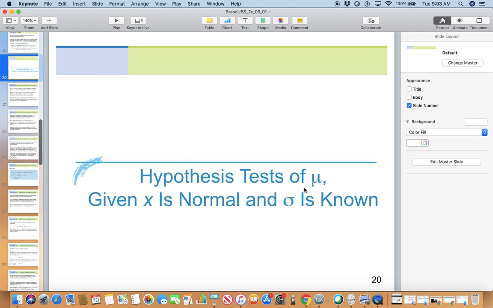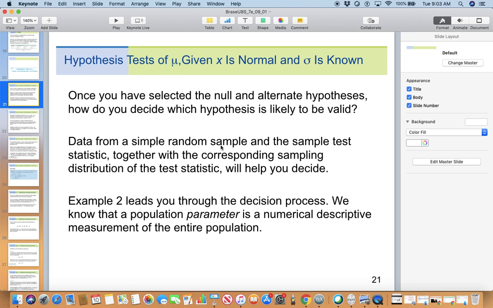Hypothesis test for mu, given X is normal and sigma is known. So you know that X is normal and you know the value of the population standard deviation. Now how do we approach a hypothesis test of mu? Once you have selected the null and alternate hypotheses, how do you decide which hypothesis is likely to be valid?